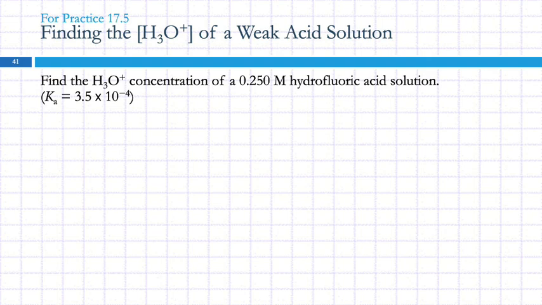So let's do an example. Find the hydronium ion concentration of a 0.250 molar hydrofluoric acid solution. We have hydrofluoric acid, and that's going to ionize to form hydronium ions and fluoride ions.